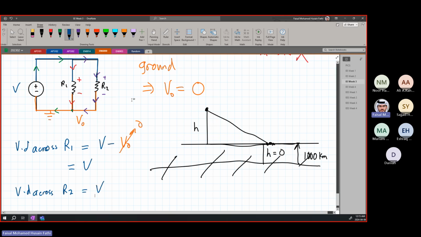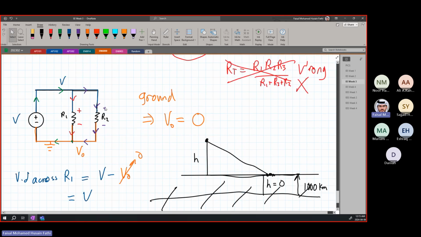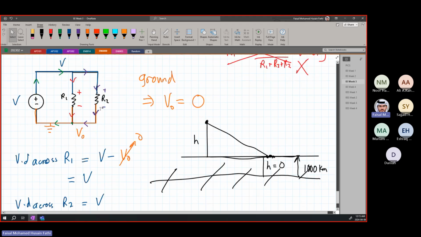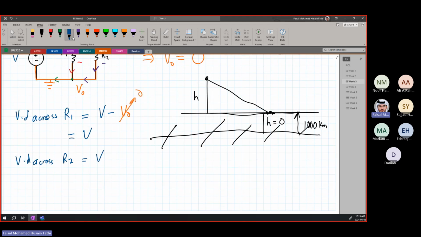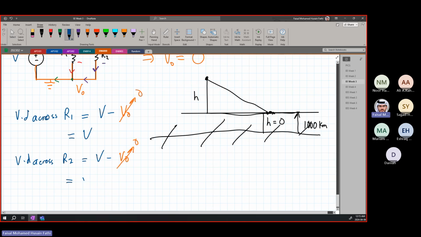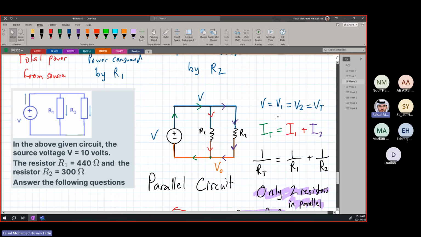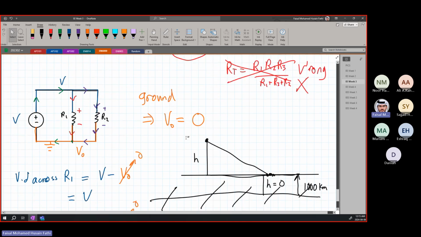It's V, because the top part, where is the plus? Plus to minus. Where is the plus? V, minus V0. So the voltage drop is going to simply be equal to V. So the voltage drop across R1 is equal to the voltage drop across R2. That is why we are saying V is equal to V1 equal to V2 equal to V total. This is the whole concept of ground.